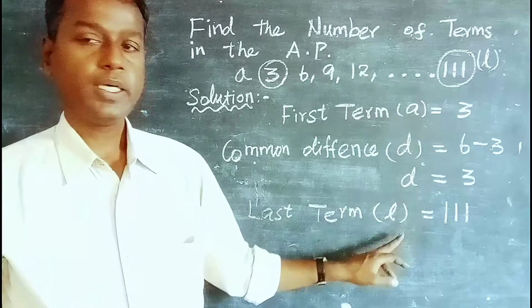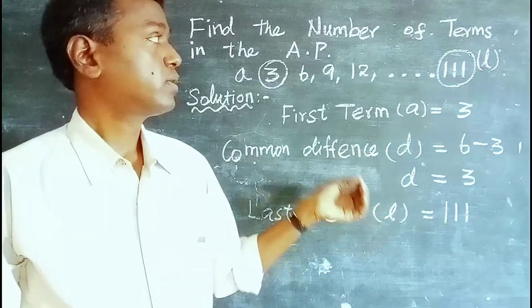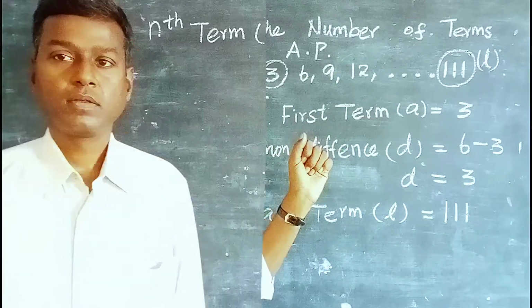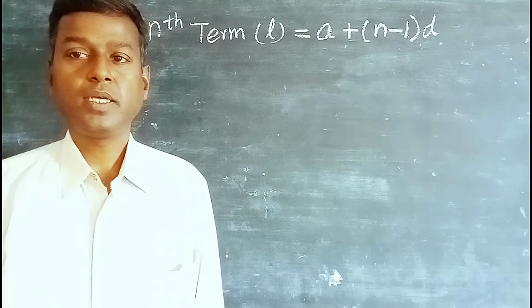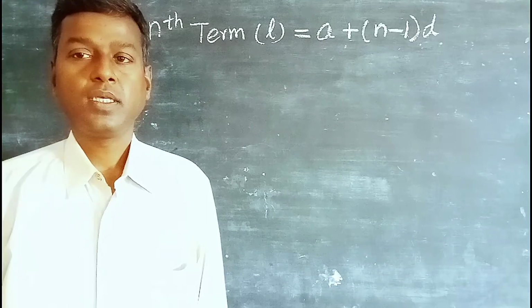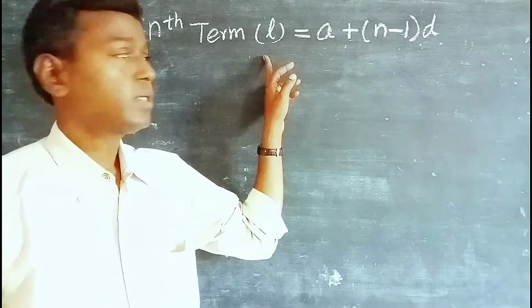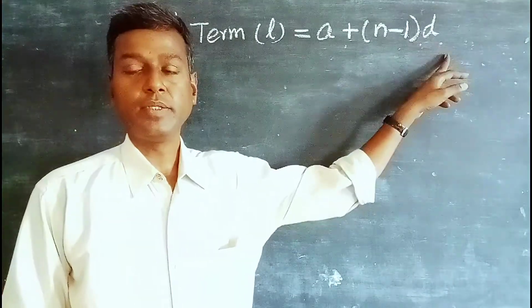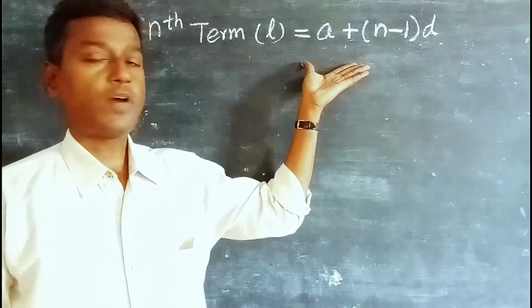Using A, D and L, now we are going to find the number of terms in the given arithmetic progression.